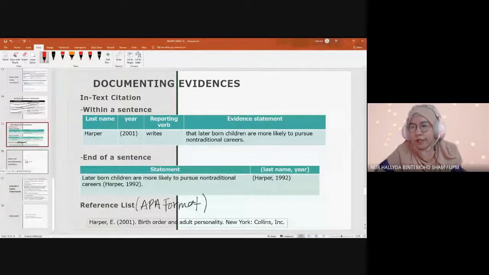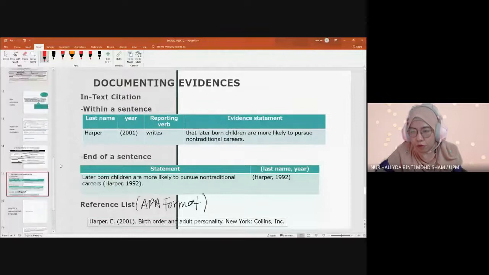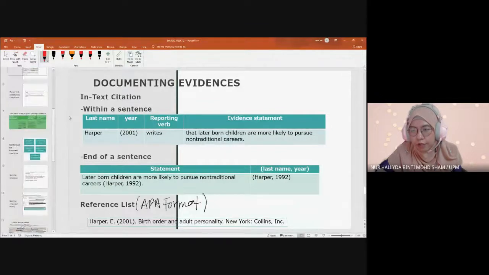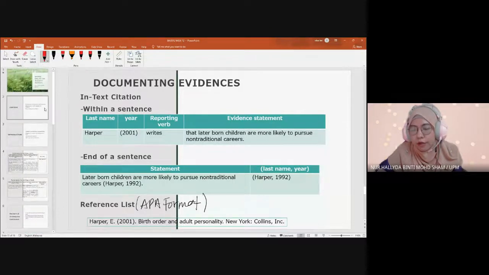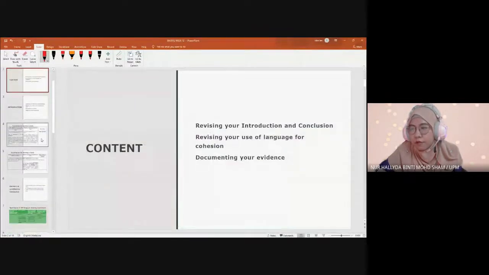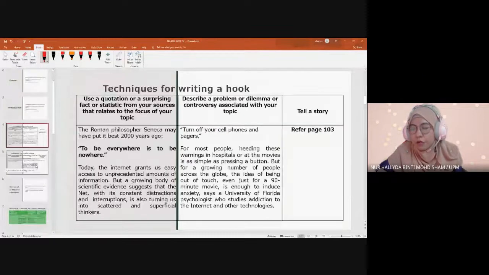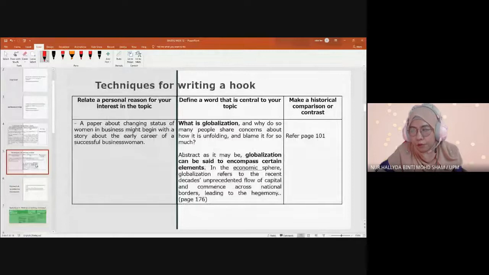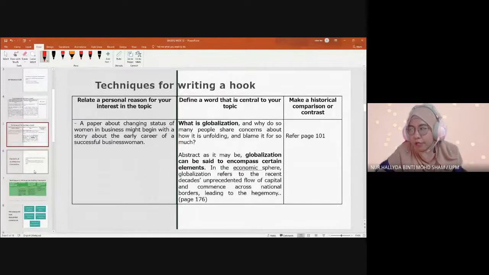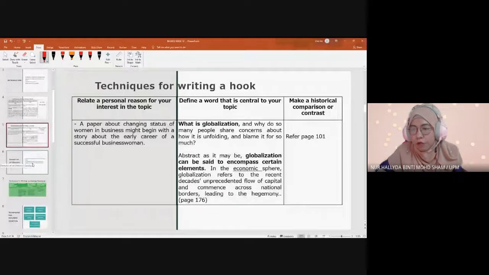All right, so I think I've covered most of the topics that I want, basically the ones I mentioned in the beginning. I started with the ways to write a proper introduction. I introduced 6 techniques: quotation, describe the problem, tell the story or relate to your personal reason, define a certain word, or make a historical comparison.